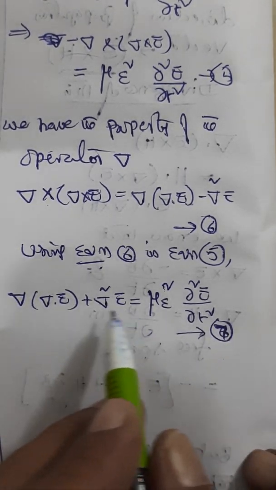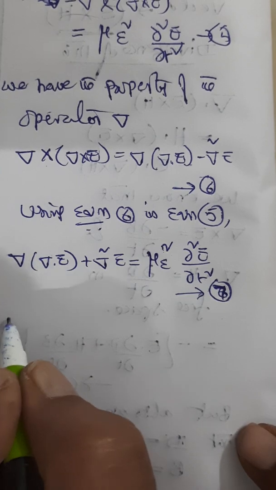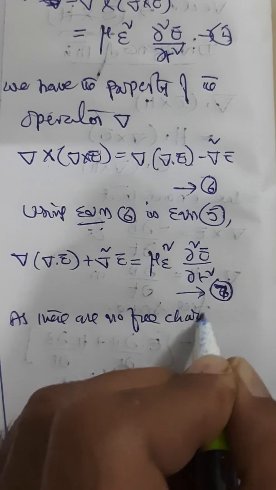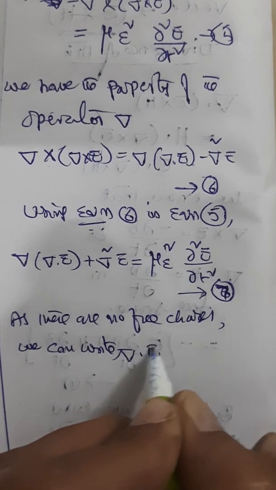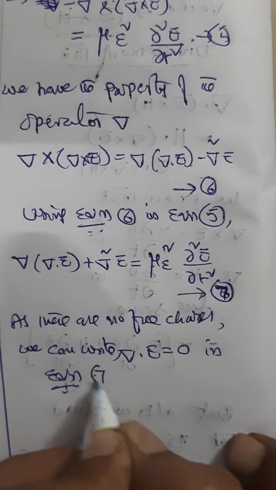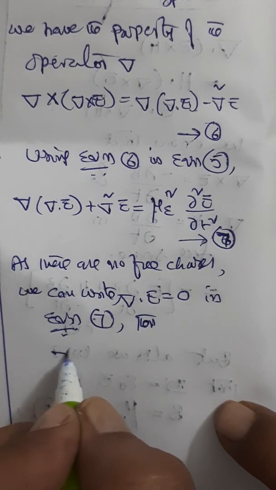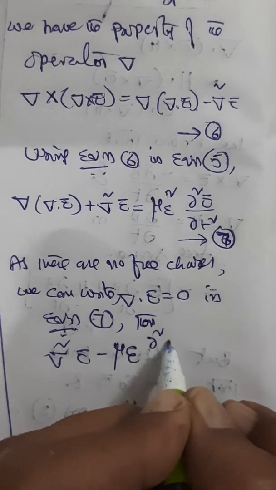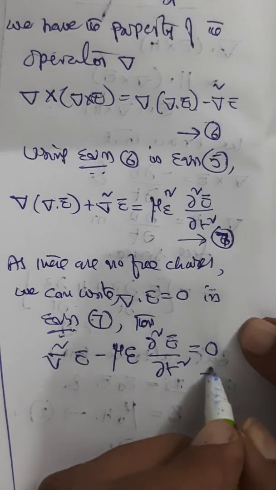Because there are no free charges, we can write del dot E equal to 0 in equation 7. Then, therefore, del square E minus mu epsilon into dou square E by dou T square is equal to 0. Call this as equation 8.